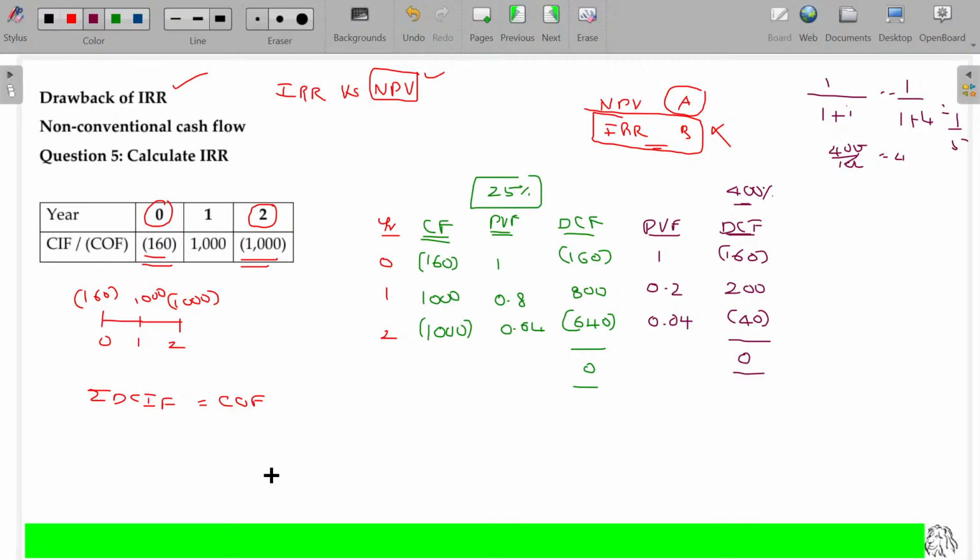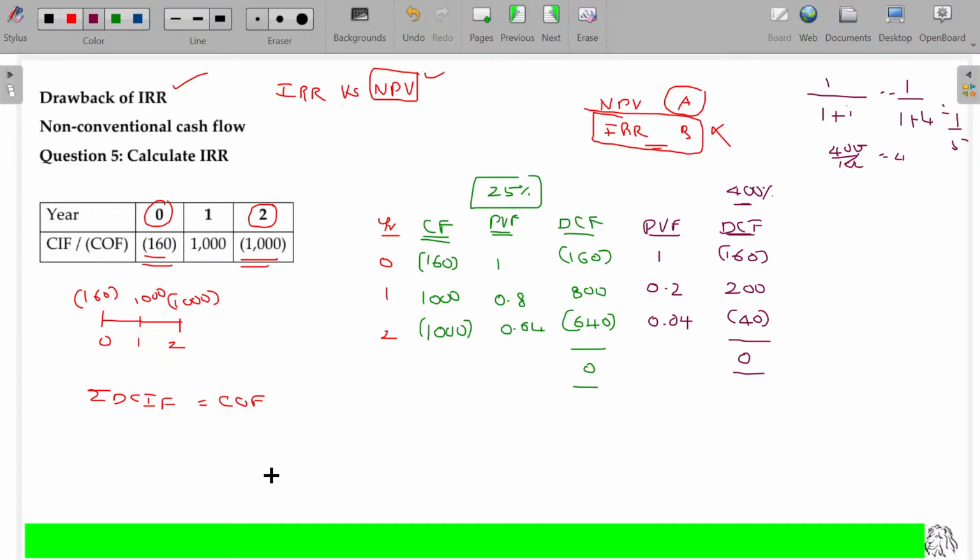If you ask what is the project's IRR, if I tell you either it may be 25 percentage or 400 percentage, it's misleading, right? There should be only one answer. 400 percentage means this gives you exorbitant profit, but naturally it may not be so.